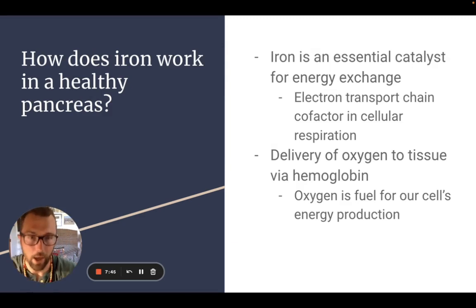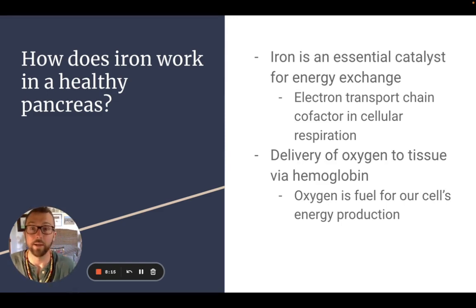So in a healthy pancreas, it's important to note that iron is an essential catalyst for energy exchange. Okay, so the electron transport chain, the ETC, which is our mitochondria's main way, like the only way, of making energy for our cells, uses iron as a catalyst for creating energy.